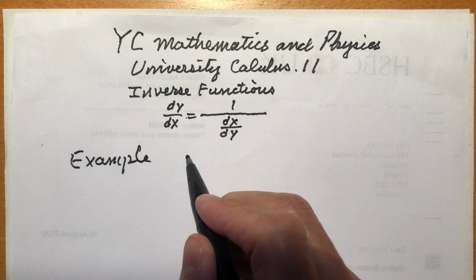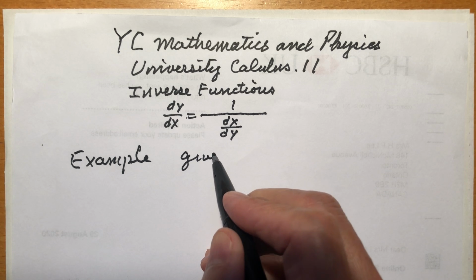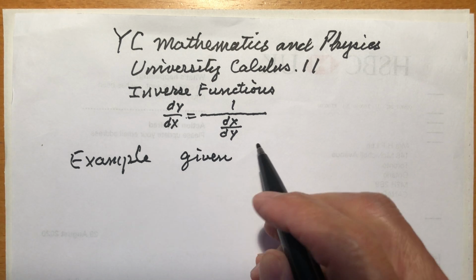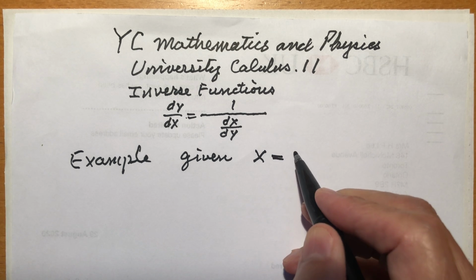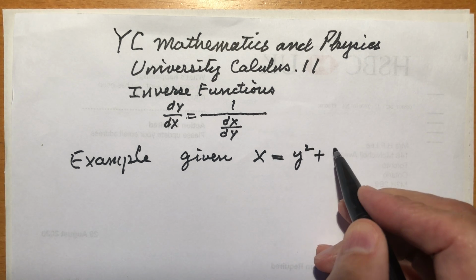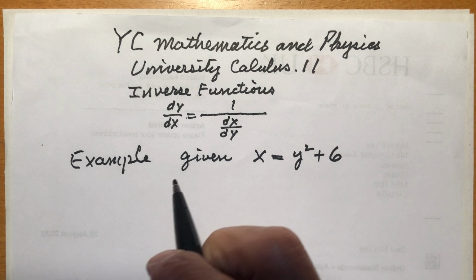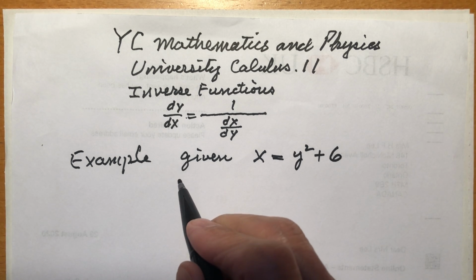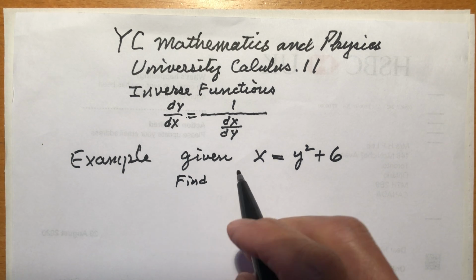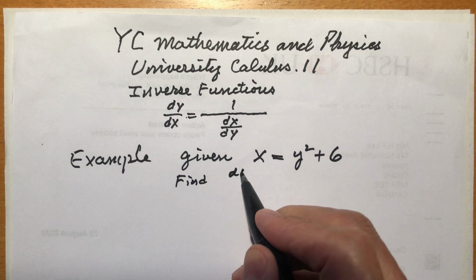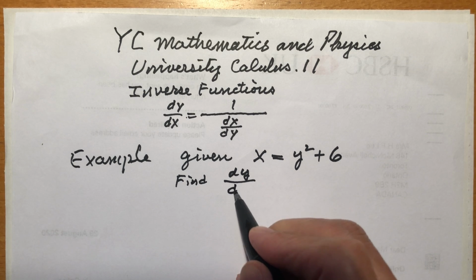So you have a given function, x equals y squared plus 6. And what do we want to find? We want to find dy by dx.